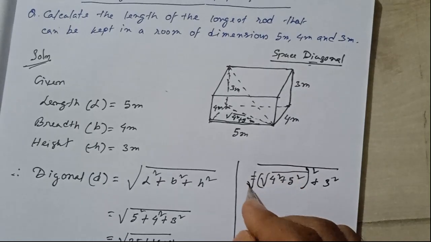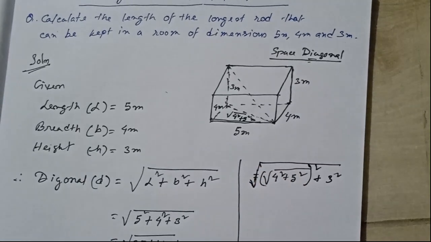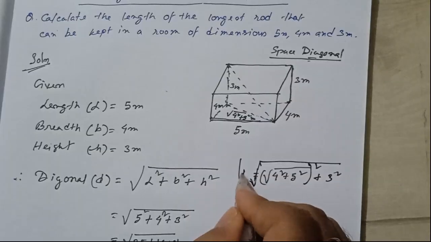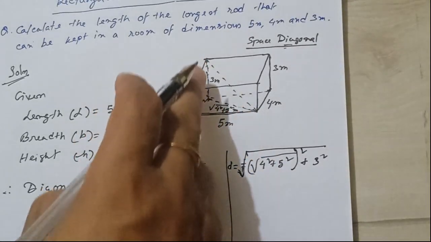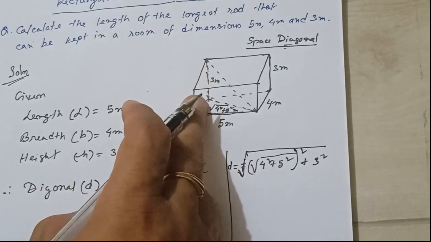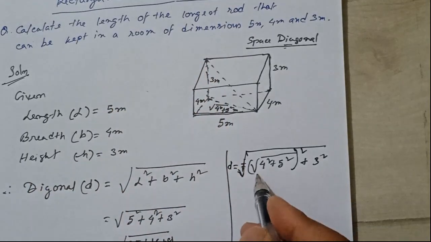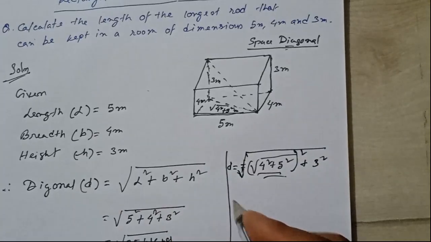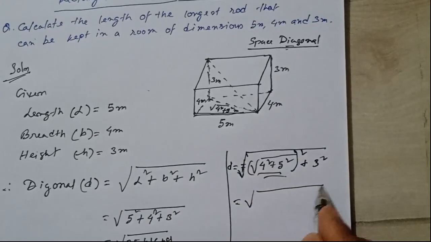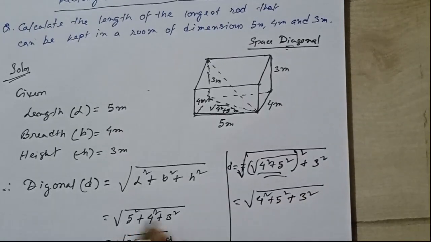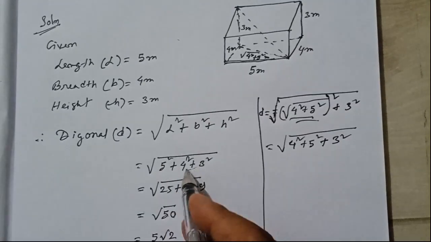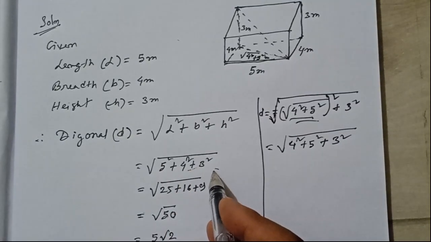Square root of, suppose this is D, this hypotenuse is equal to the square root of 3 meter square plus this square, and this value is equal to 4 square plus 5 square plus 3 square, right?